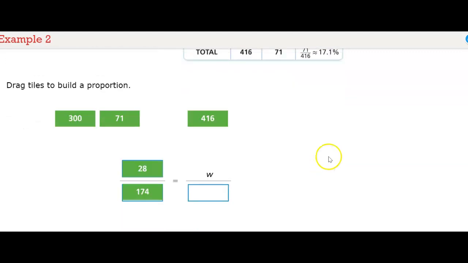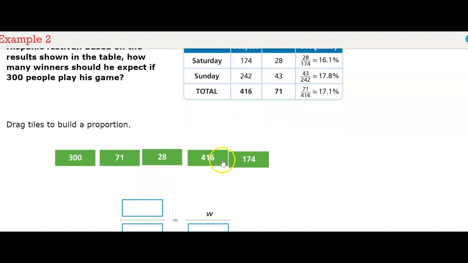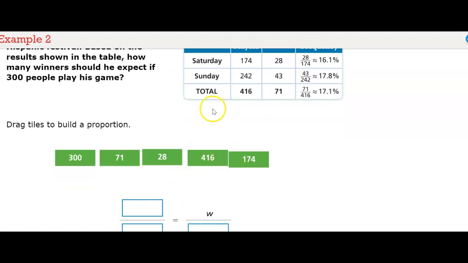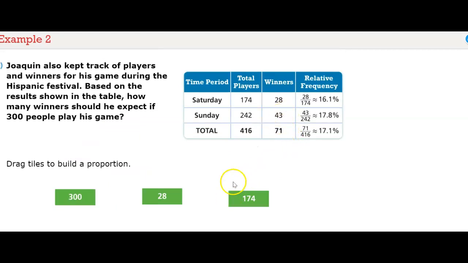And also we can have one for Sunday. Well, they don't have the Sunday numbers, but they do have the total number of people that played on that weekend, which is 416, and then the 71 total winners from that weekend.